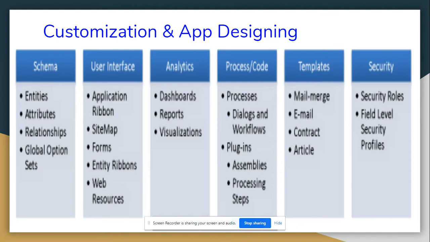And user interface application ribbon is nothing but the ribbon workbench, where we have an application. We can create custom buttons on the form, on the subgrid, or on the dashboard. These are the three places where we can create our custom buttons and apply our custom actions.